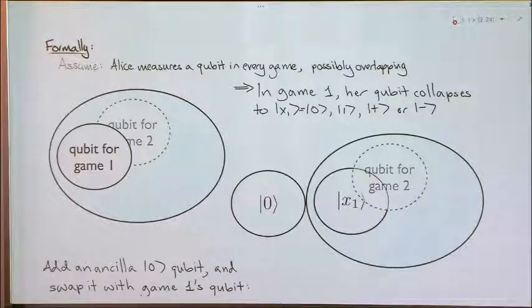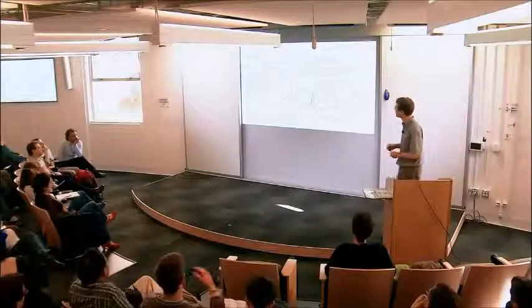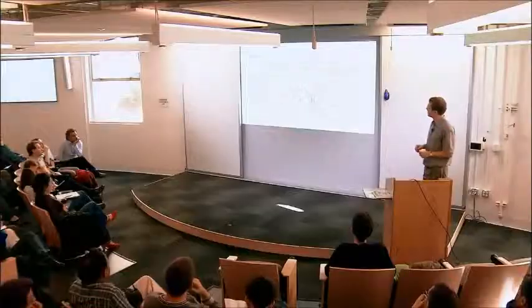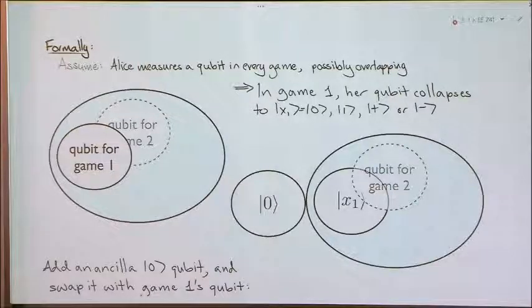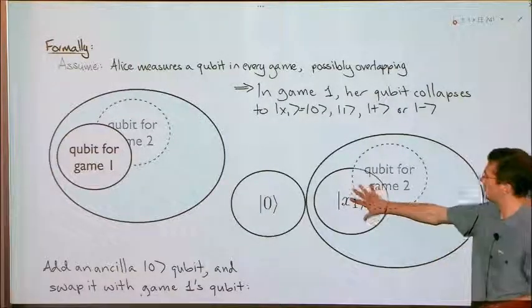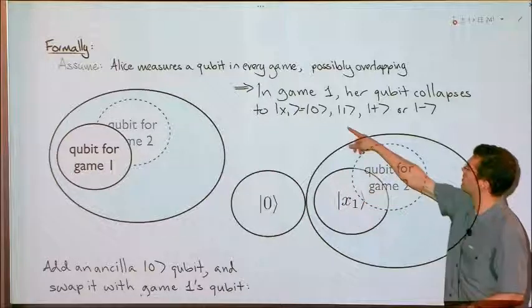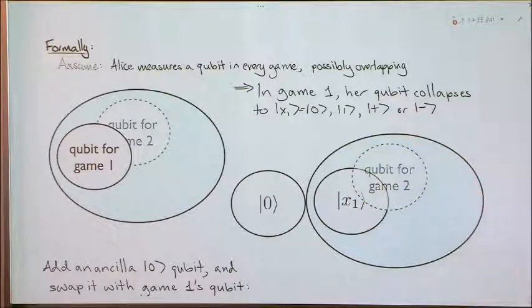Okay. So here we determine exactly what the tensor product structure is, and it's totally cheating. So what I do is we play the first game. So we measure this qubit. So it's collapsed to either ket 0, ket 1, ket plus, or ket minus, whatever the measurement outcome was. It's some classical state now.